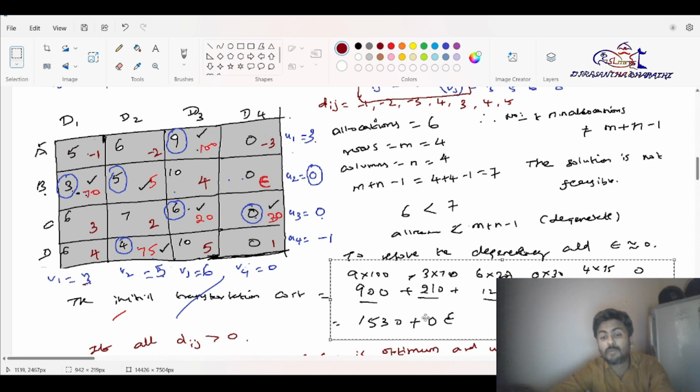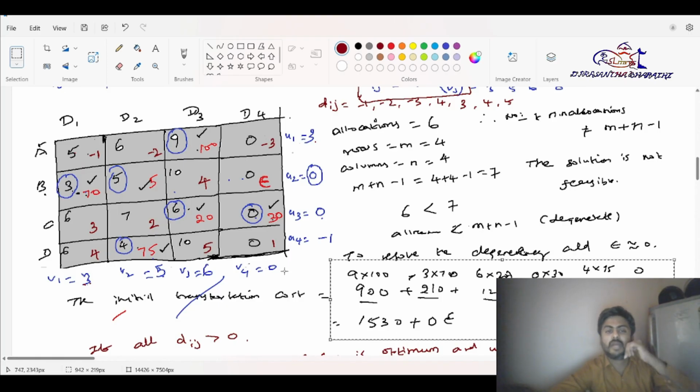But why have I found the cost here? Because I want you to understand that this cost will change, since it is not optimum.